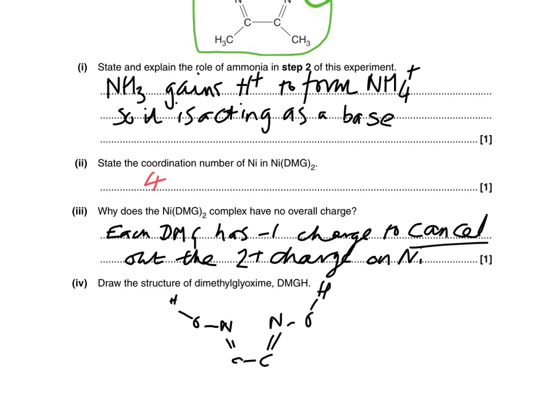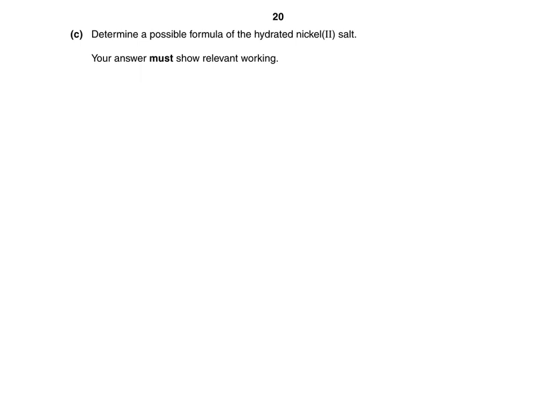Still struggling for space a little bit. For the DMGH, I'm sorry about the bad handwriting, but essentially it's a copy of the area I circled in green above. Okay, 1 mark.